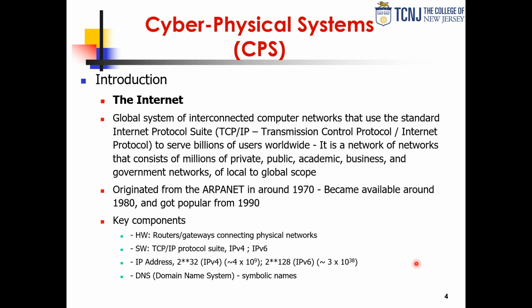There are many benefits and new features in IPv6, but one of the most salient ones is the number of bits in the IP address. The IP address of IPv4 is 32 bits, which is about 4 billion.